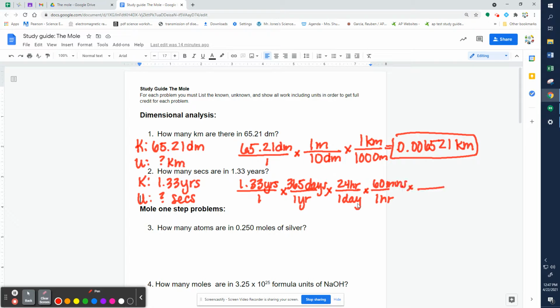And finally, 1 minute, 60 seconds. I'm going to go ahead and multiply all of that out. And when I do, my answer is going to be 41,942,880 seconds. And that gets squared.